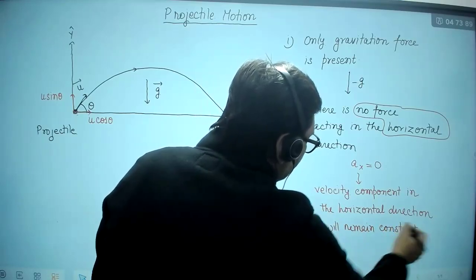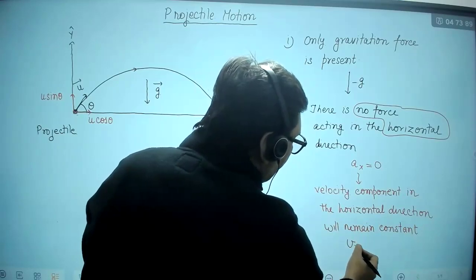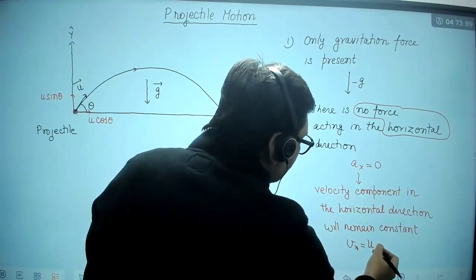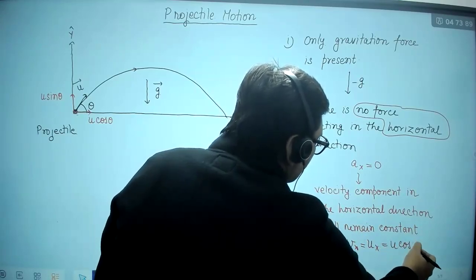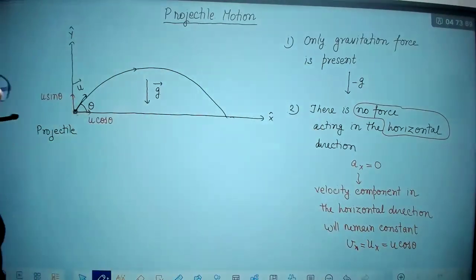So this Vx will always be equal to Ux, and this is u cos theta. The horizontal component will always be u cos theta.